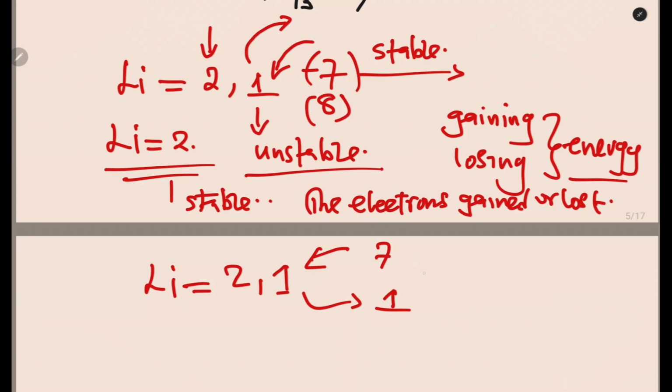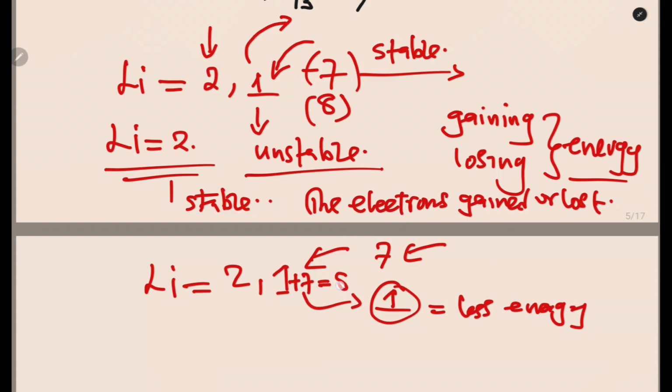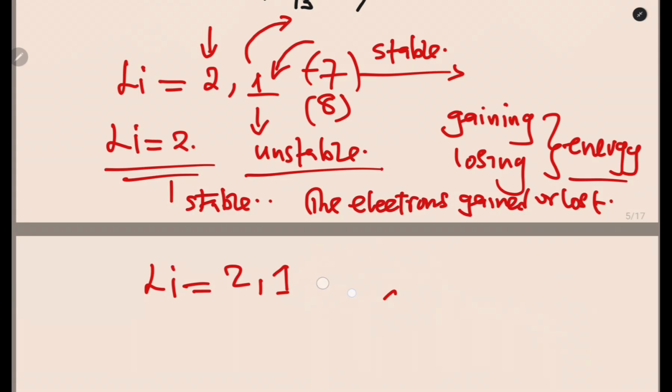It is very easy for lithium to lose 1 electron because it is going to use less energy than gaining 7 electrons so that it can add to this. So losing the outermost electron, it is losing also the shell, but gaining 7 to add to this to make 8 requires a lot of energy, and therefore it will go for the process that requires less energy. And therefore we can say in this case lithium is going to lose an electron.